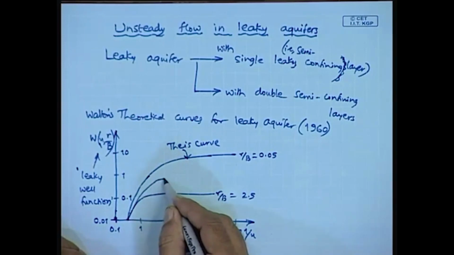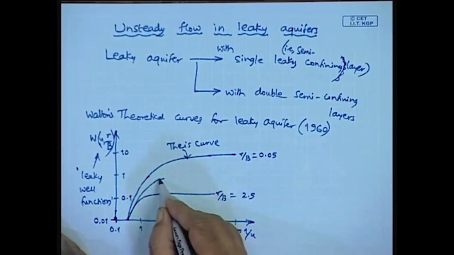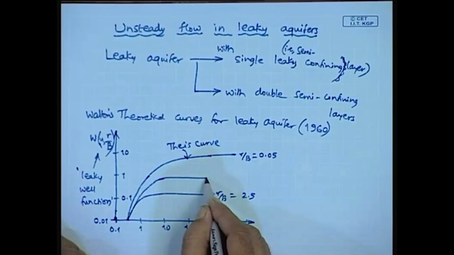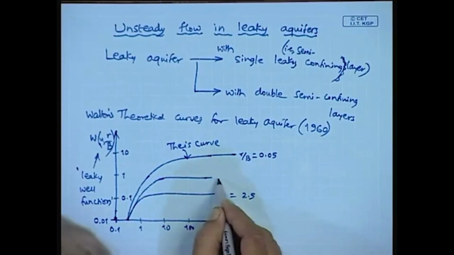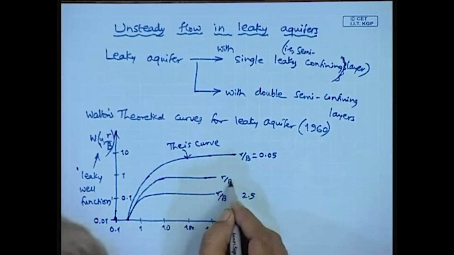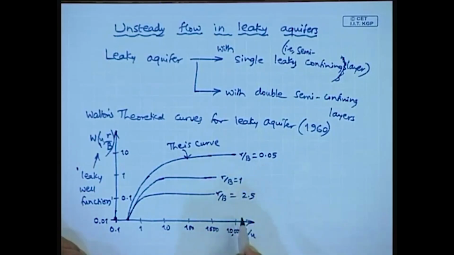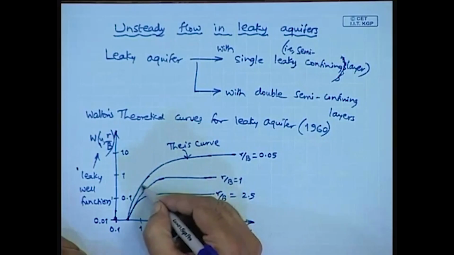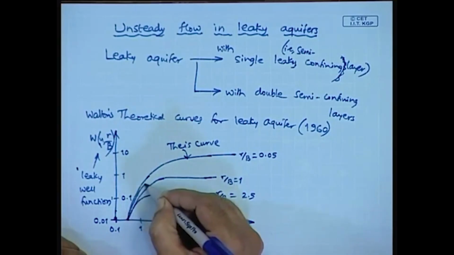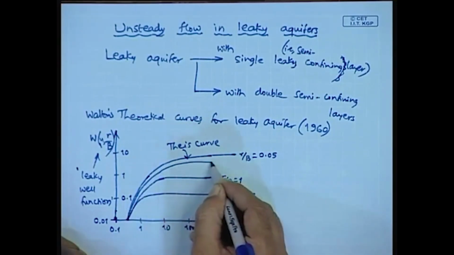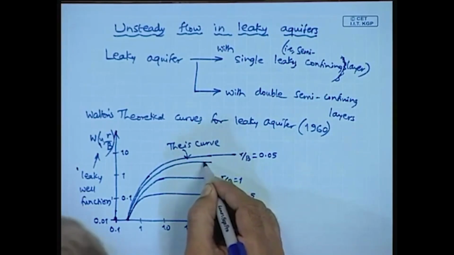There is r by b equal to 1, and here this is r by b equal to 0.1.